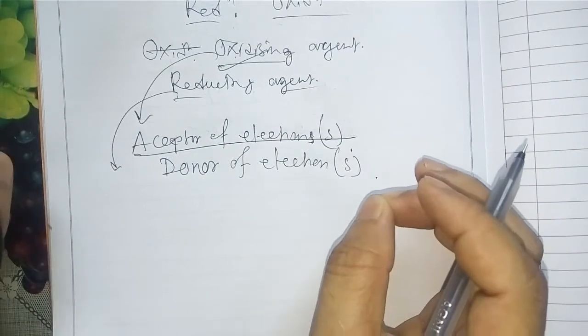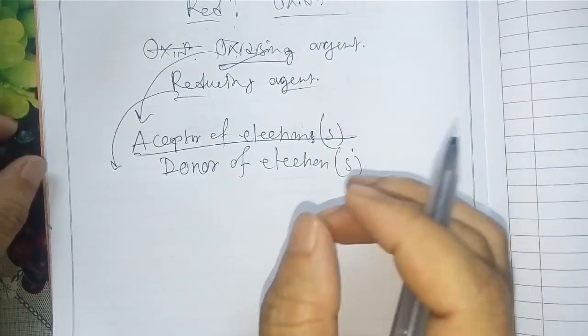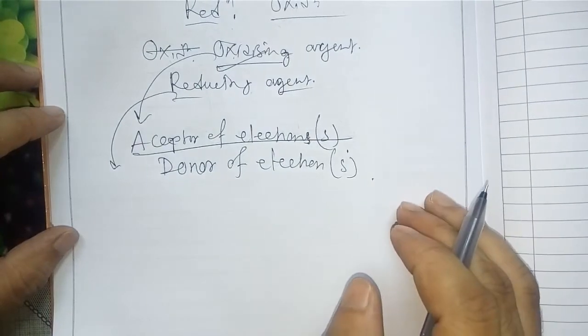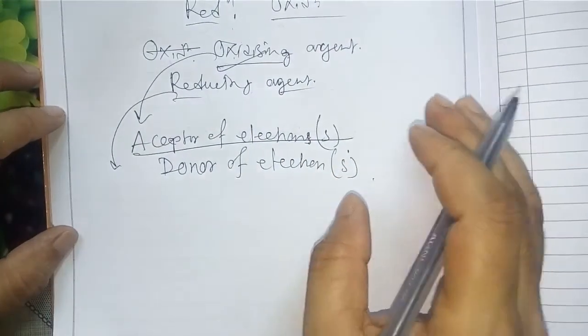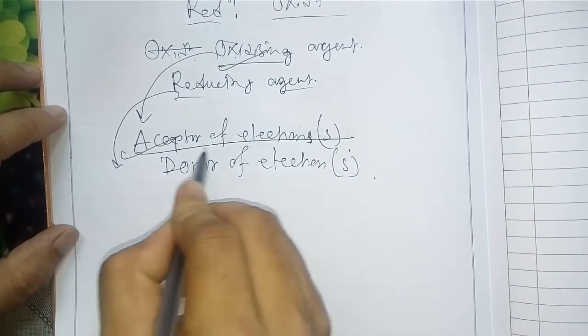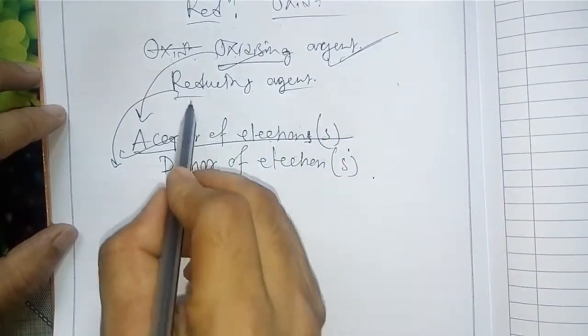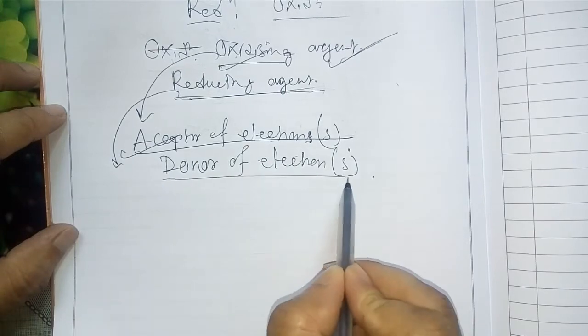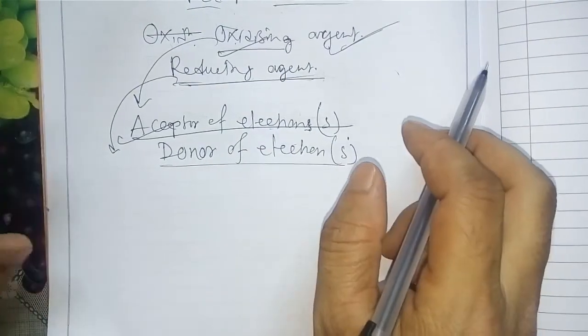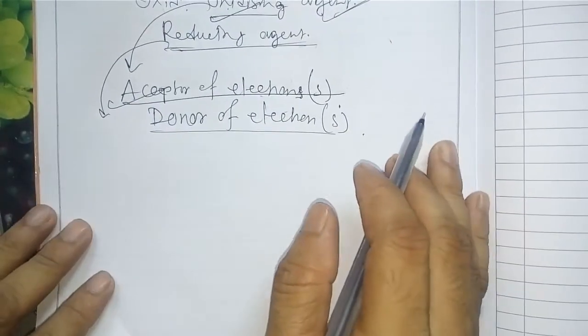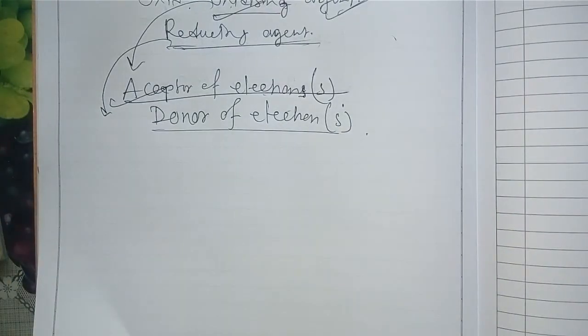First is the oxidation definition. Loss of electron is called oxidation and gain of electron is called reduction. The acceptor of electrons is called the oxidizing agent, and the reducing agent is the donor of electrons. So for one example, which part is oxidation and which part is reduction?